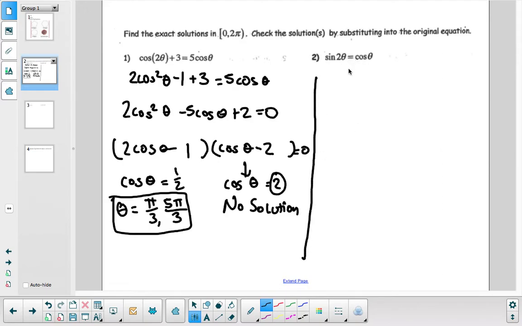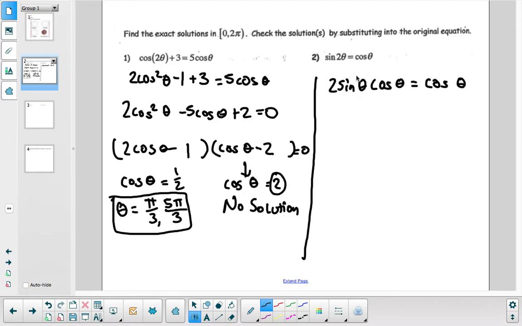Same process here. Sine of 2 theta equals cosine theta. Nice, the gift and the curse here is the fact that sine of 2 theta only has one equation, so we just have to use that one to get to the same angle. Again, we have to have the same angle before we start doing anything else. So this at least gets us to the same angle.